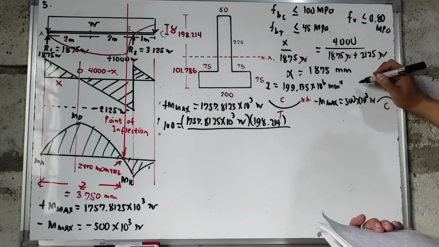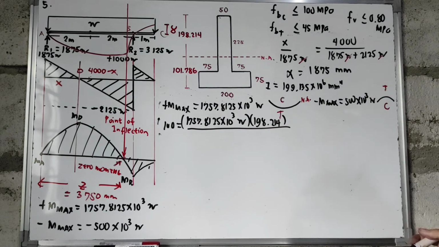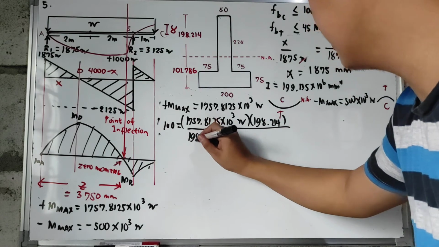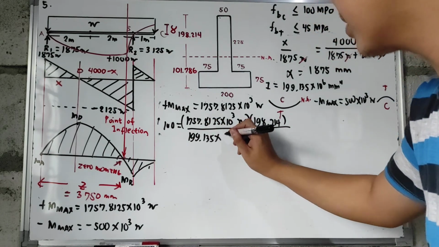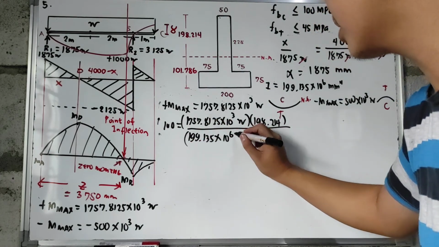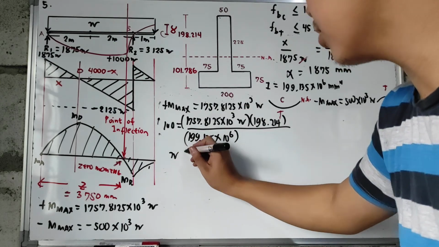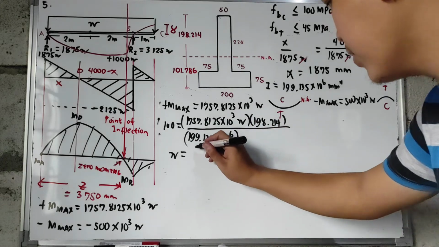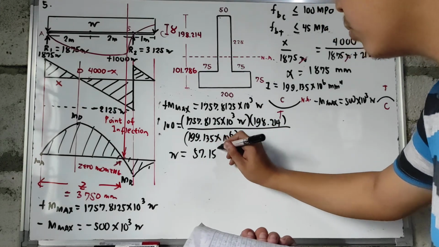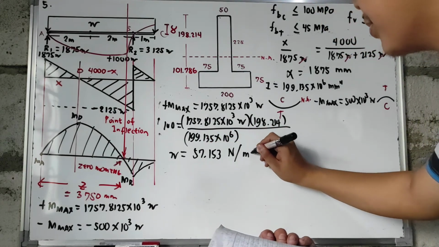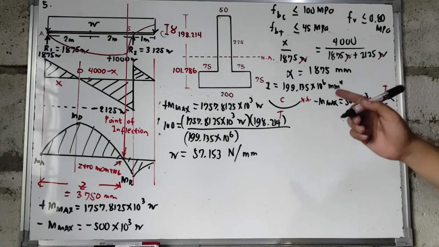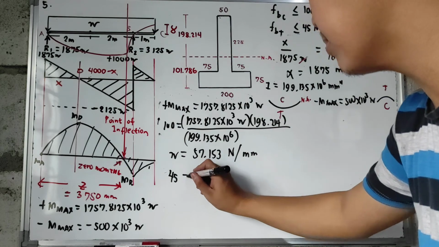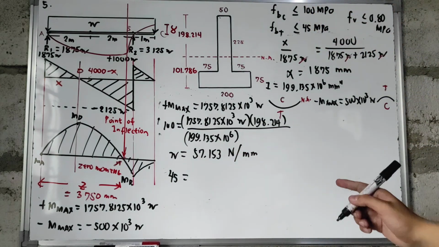And for the value of your Q, same pa rin yung value ng Q natin, so this is 199.135 times 10 raised to 6. So yung value ng W natin is now equal to 57.153 Newton per mm.